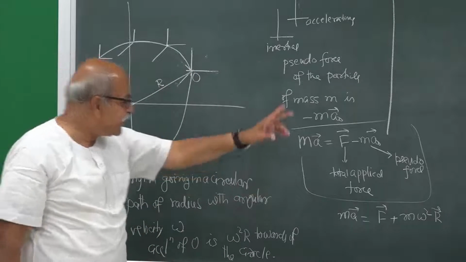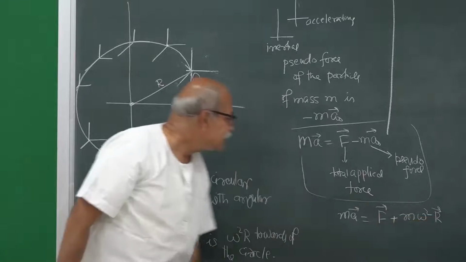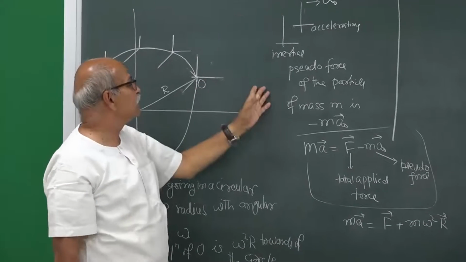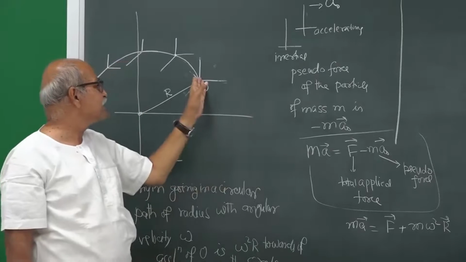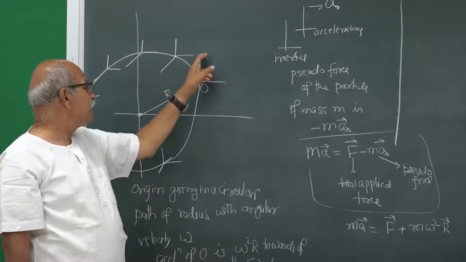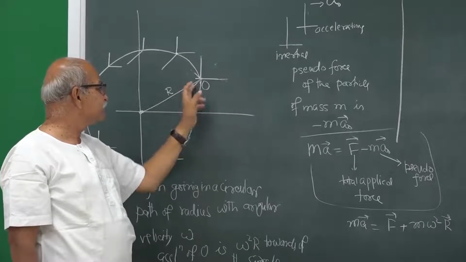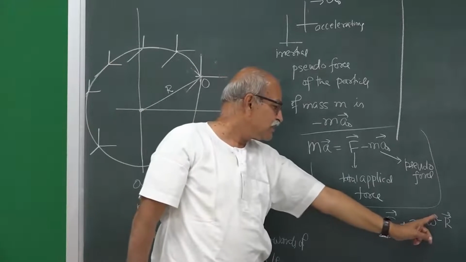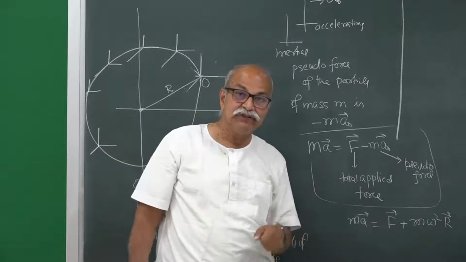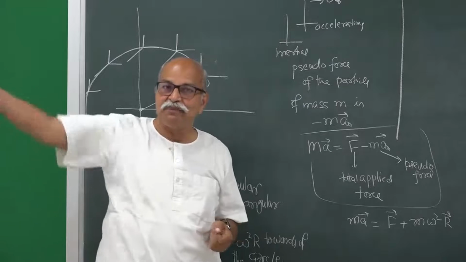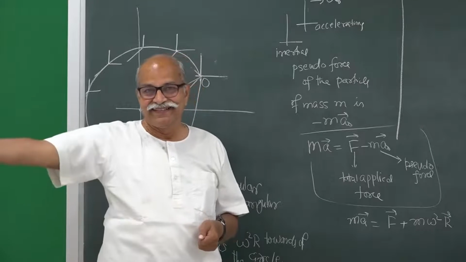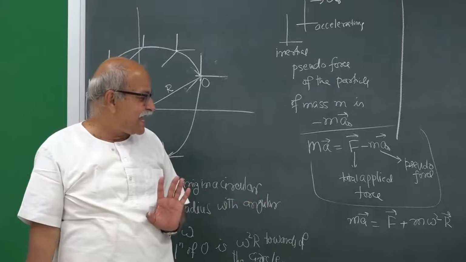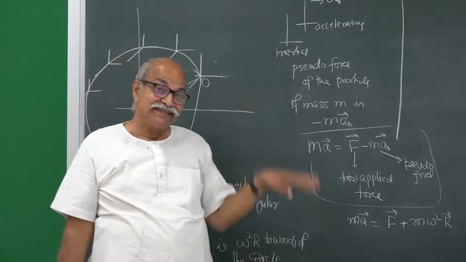If your particle is here going this way, particle is here going this way, then if I am seeing from this frame, the same force m omega square r is to be used. In centrifugal force, it is the distance of the particle from the axis, which is different for different particles. So, this will be added if the origin is translating.